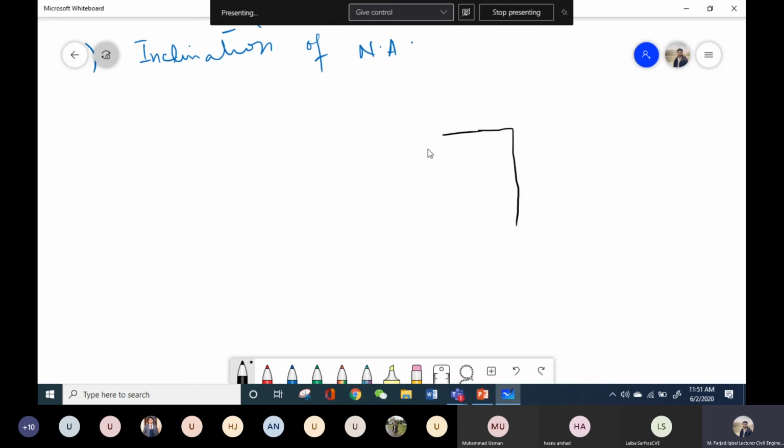So this is my L section, and these are the centroidal axis. So I will assume that the neutral axis is passing through the centroid, and this is the bending moment.